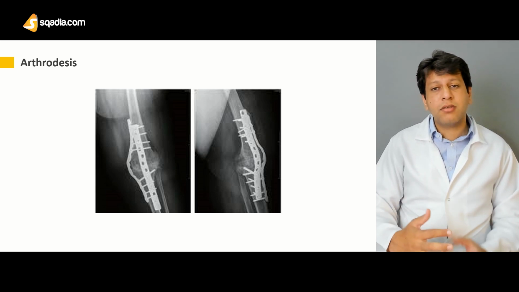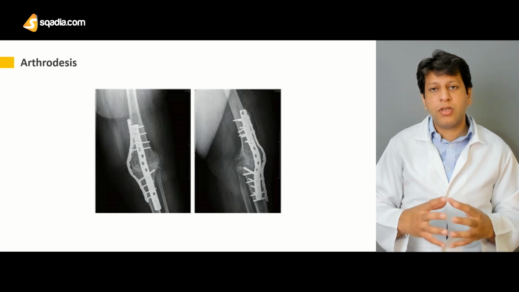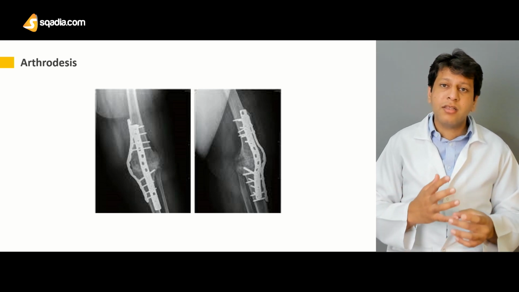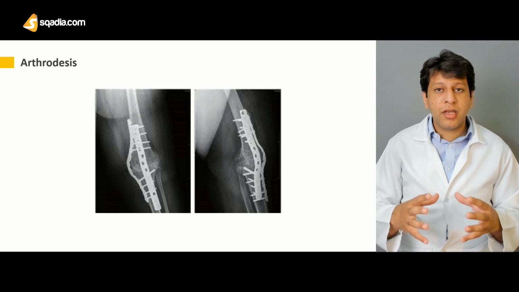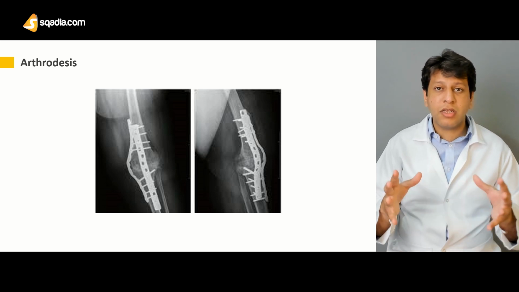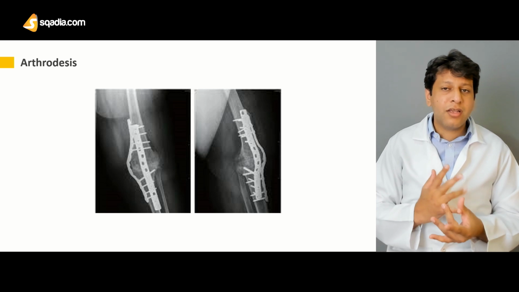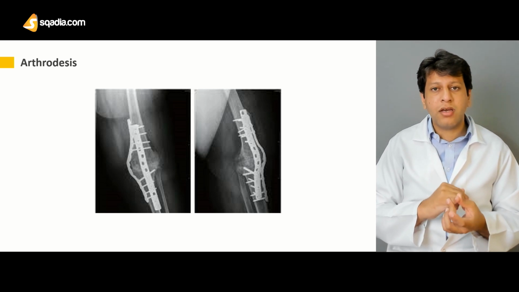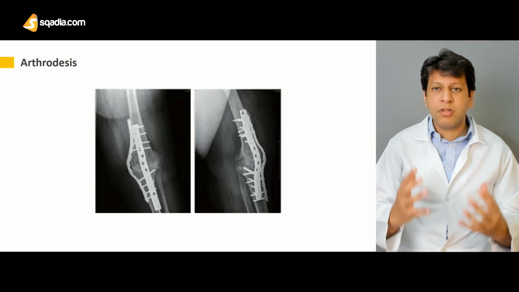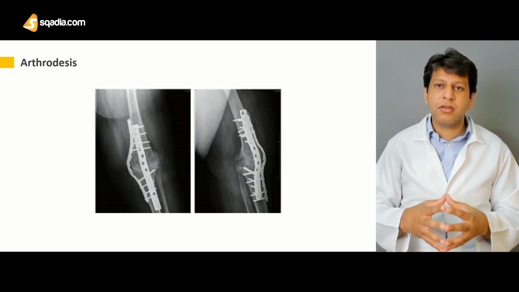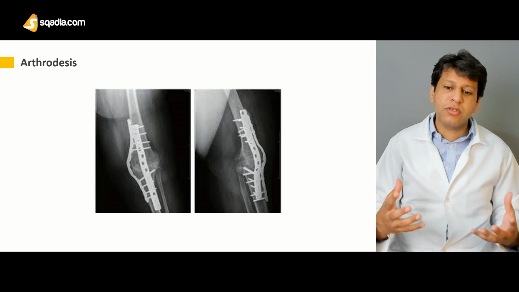Nowadays, as the prosthesis for TKR has expanded, arthrodesis has become rare, and the indication has reduced. Unless you have failed TKR twice and you are unable to control the infection and there is a massive problem with the patient, then you can go for arthrodesis.